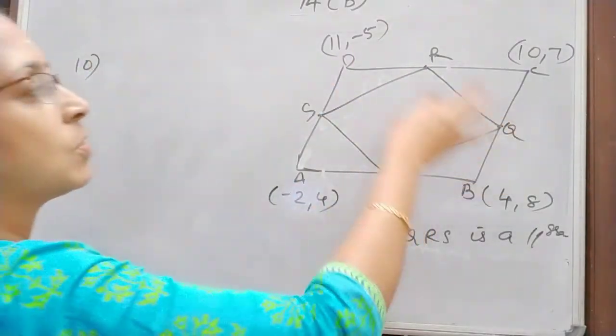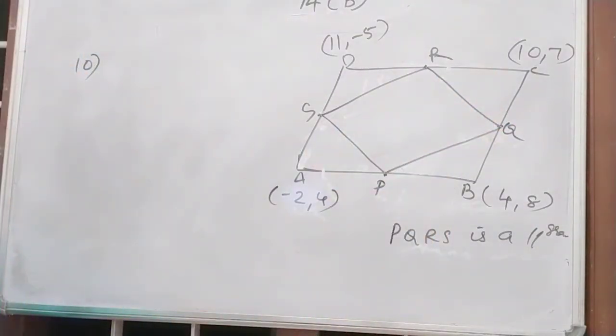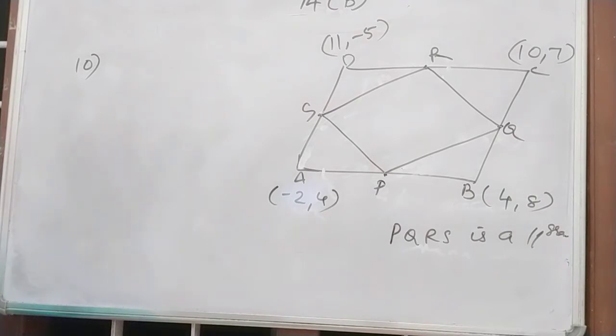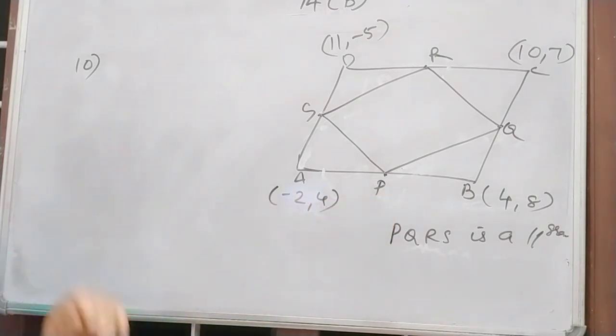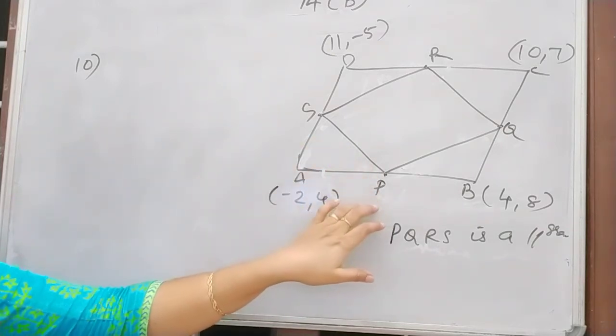If we find these two slopes are equal, meaning opposite sides of a parallelogram are parallel. If we get the slopes as equal, then we can say this is a parallelogram, same as the 9th one. So how can we find the point P? Given P is the midpoint.